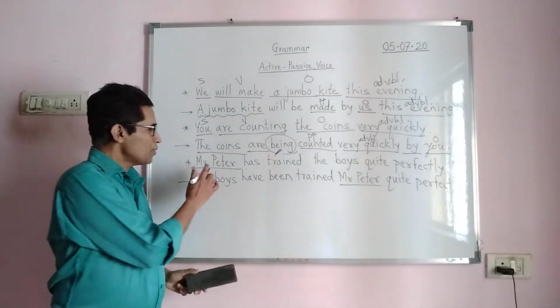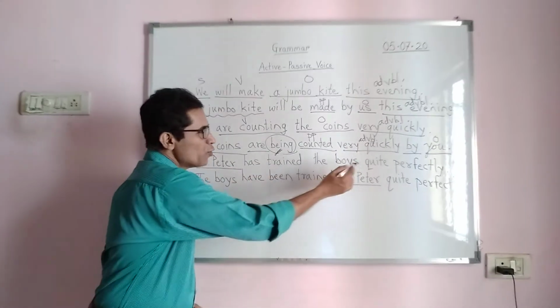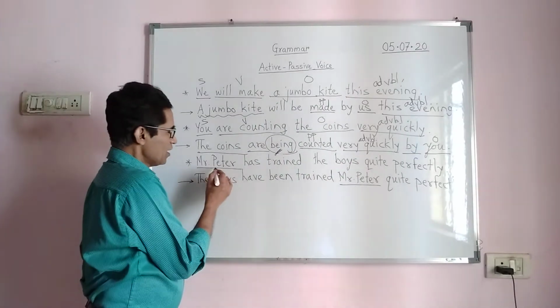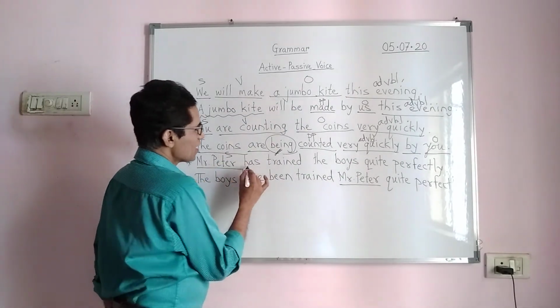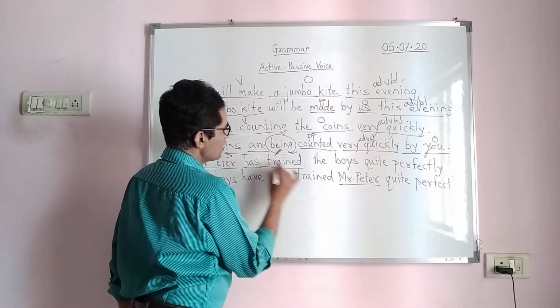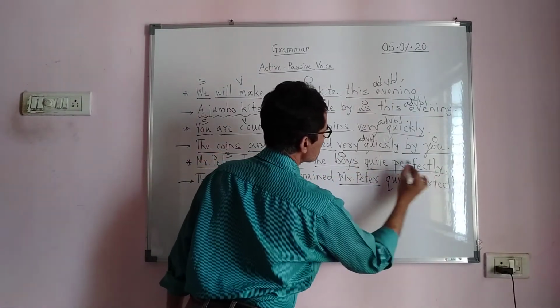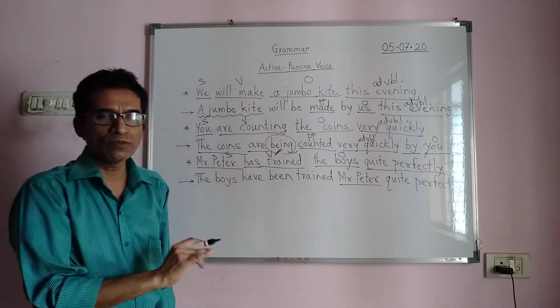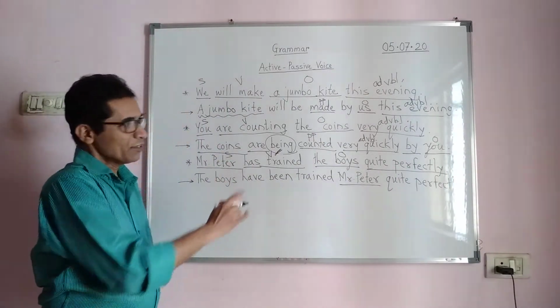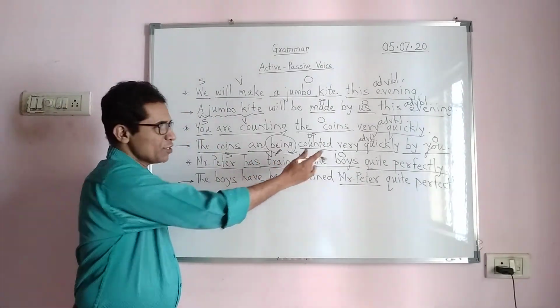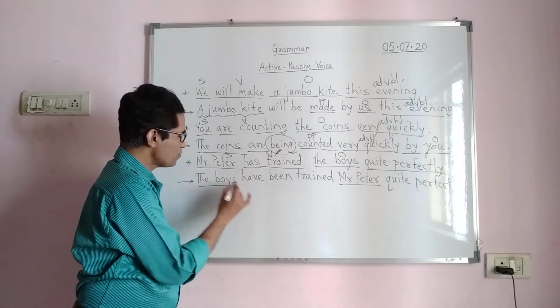So Mr. Peter has trained the boys quite perfectly. Mr. Peter is subject, has trained is his verb part, and the boys is object, quite perfectly is adverbial. Now you know. And when you want to change it into passive, the object becomes subject.